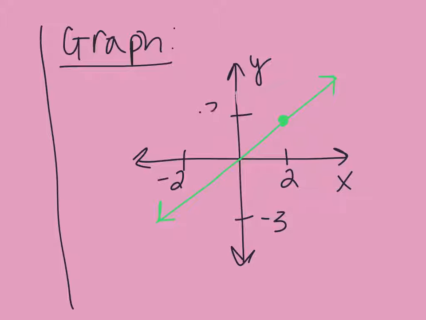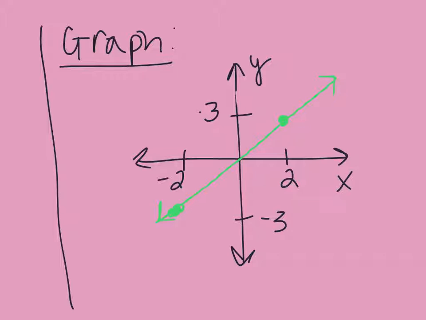I'm going to make it 3 anyway. And then over here, I'm going to pick this point, okay, which is going to be -2, -3. Okay. All right, so I'm going to do change in y over change in x.